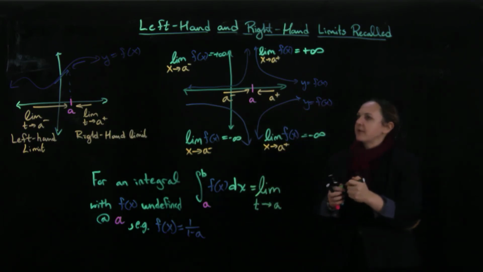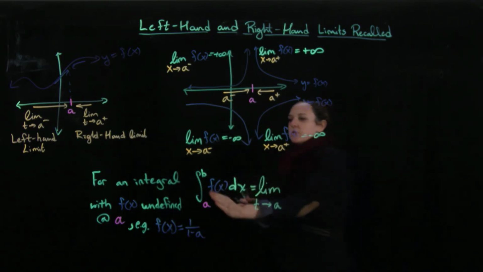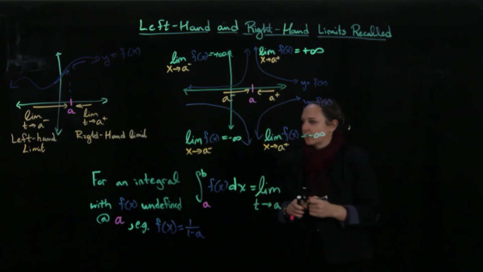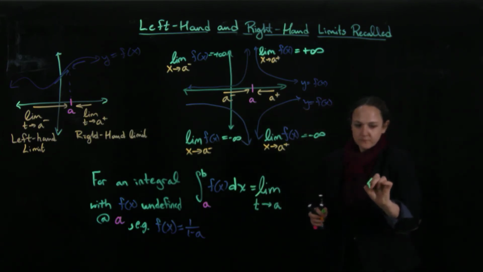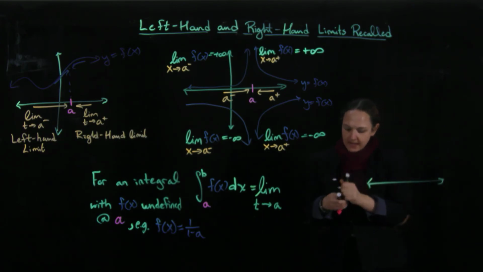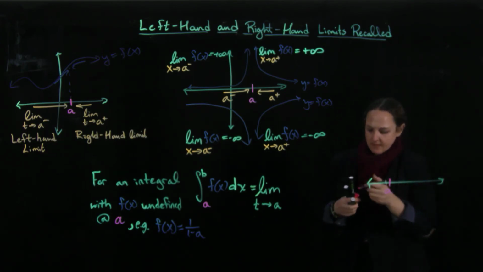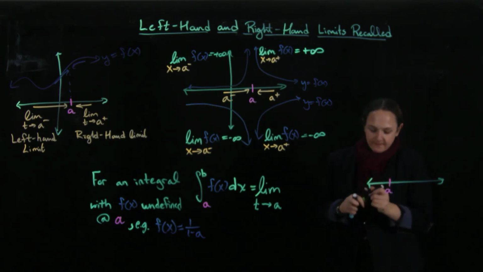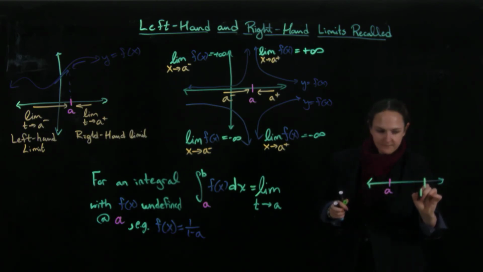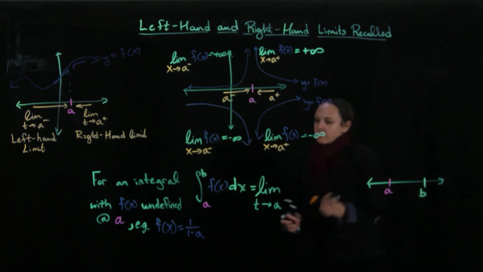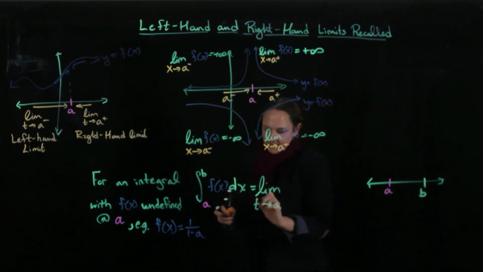Well, let's think about this for a minute. If I'm doing a to b, I'm looking at a picture where I have an a here and a b here.